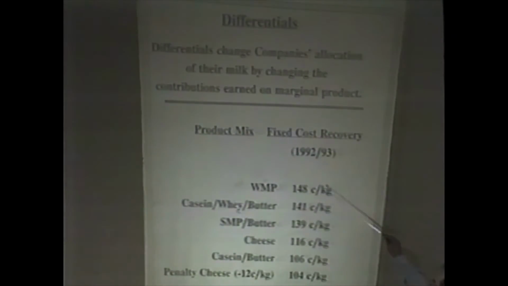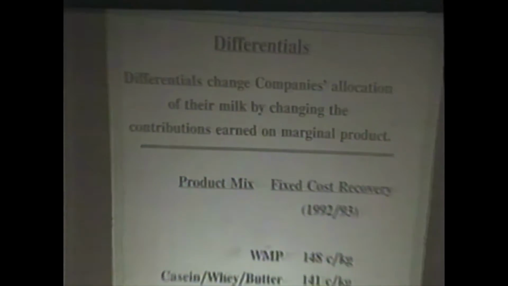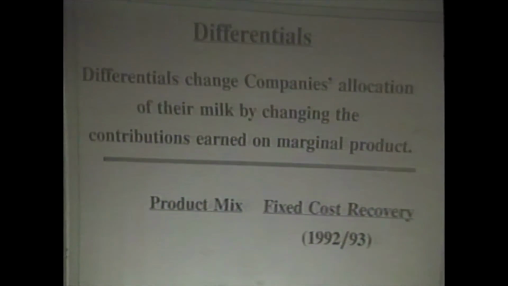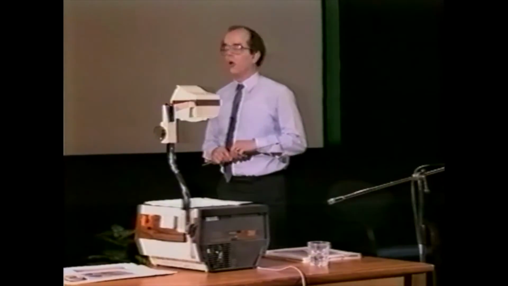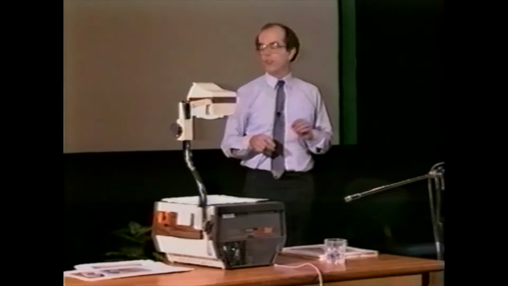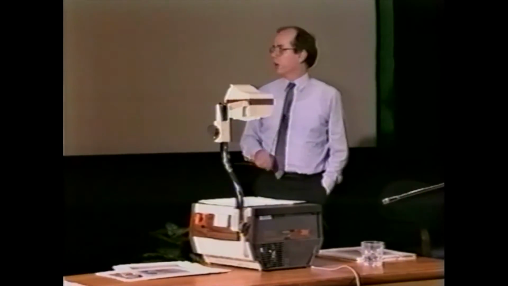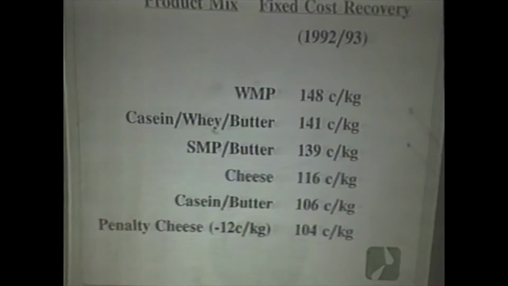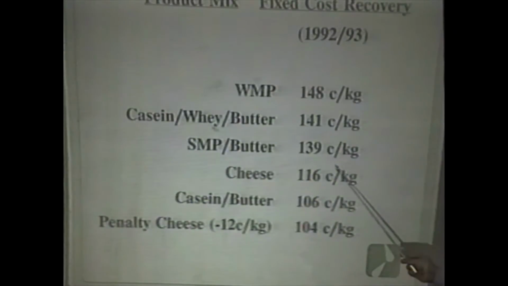This was the list I had before, starting with whole milk powder 148 cents, and it's a happy coincidence that the order that John's models come out with is very close to what the market wants. We would be changing it, as I'll show you, in order to align it with what the market wants. We want the industry to fill up its whole milk powder plants, casein and whey plants, skim milk powder, and cheese. Well, we certainly want quite a lot of cheese, but there's a limit to it.